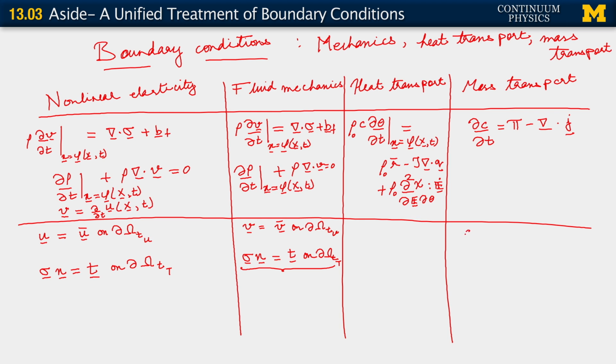For mass transport, we have C equals C bar on partial omega sub C, and we have minus J dot N equals J bar on the flux boundary.